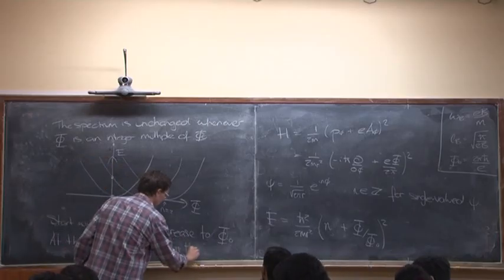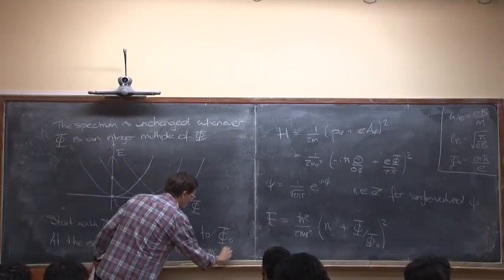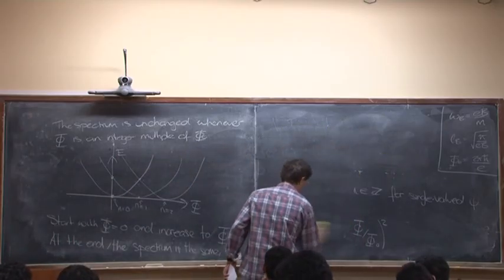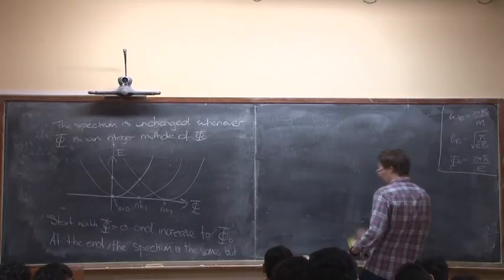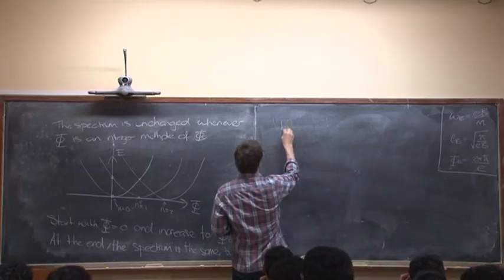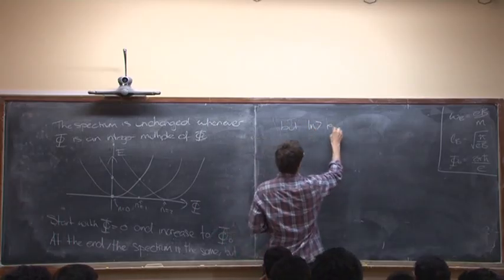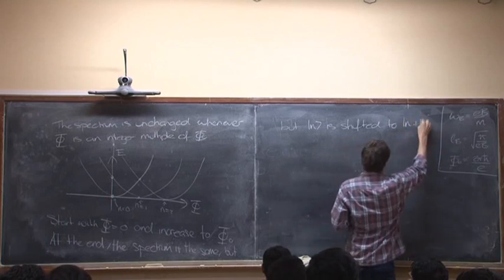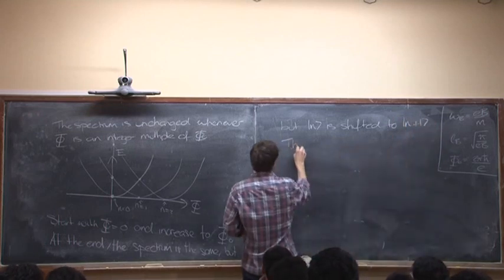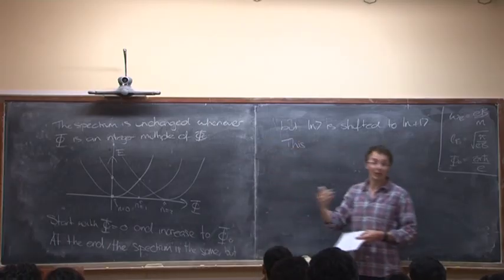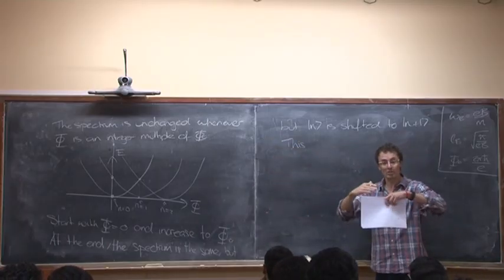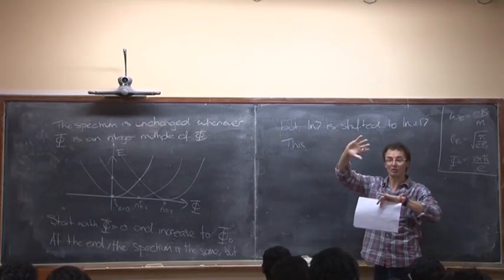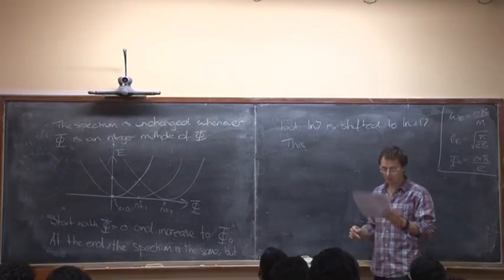The spectrum is the same, but state n is shifted to n plus 1. And so this is an example of something that's called spectral flow. You change a parameter and the spectrum continuously morphs back into the original spectrum, but with all the states shifted.